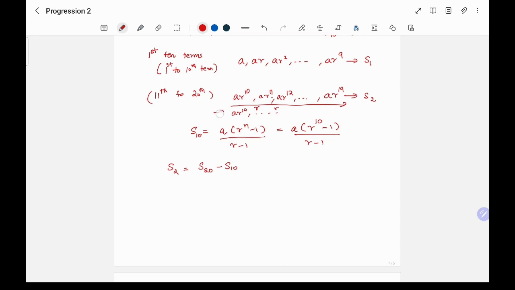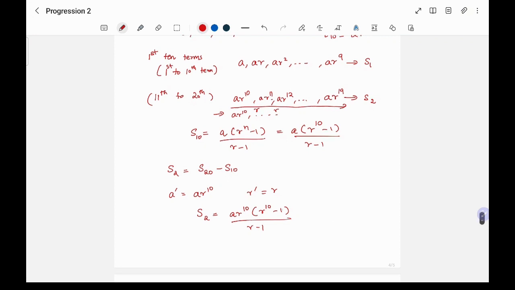So this itself forms a GP, right? With new A dash as AR power 10 and R dash as R itself. So the sum of the first 10 terms of this GP will be AR power 10 into R power 10 minus 1 by R minus 1.